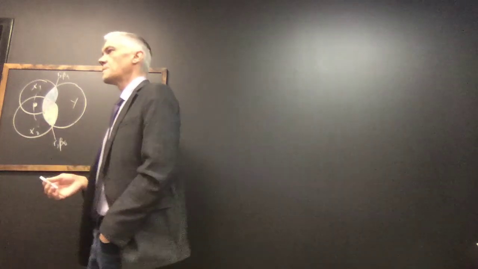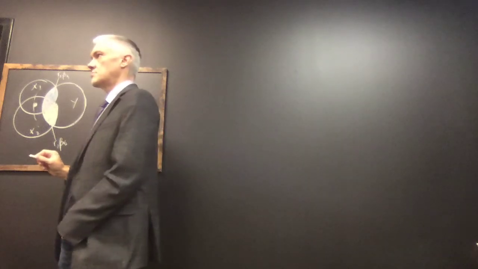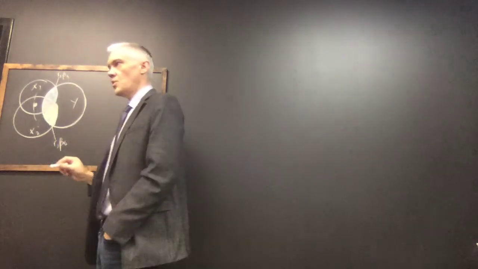This one would be beta x2, right? And so from this, we can see that beta x2 is actually just this portion of variance divided by all of the potential variance on y. Beta x1 is this portion of variance divided by all of the potential variance in y, right?